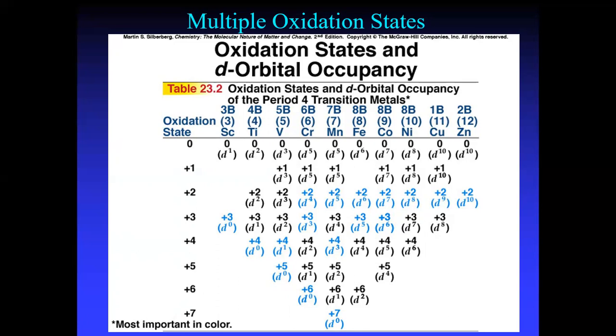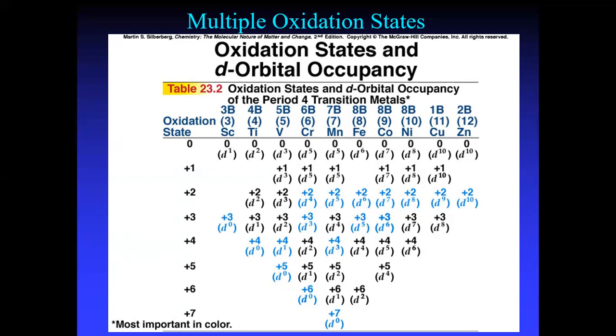What I'm telling is in this table. There is a relationship between the outer electronic configuration of the transition elements and various possible oxidation states.